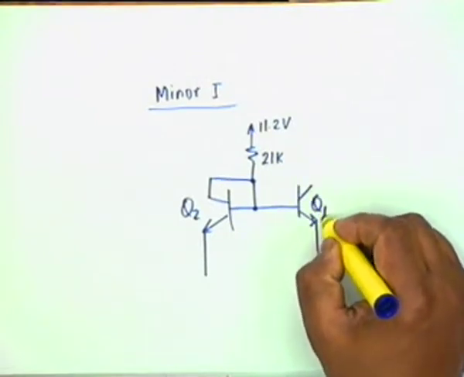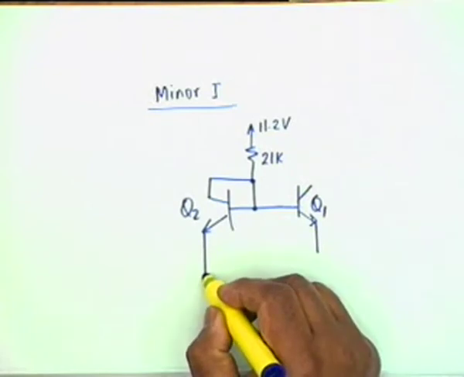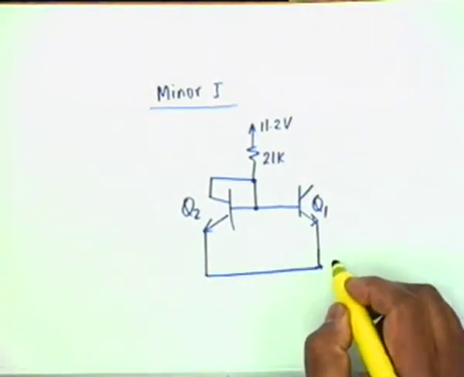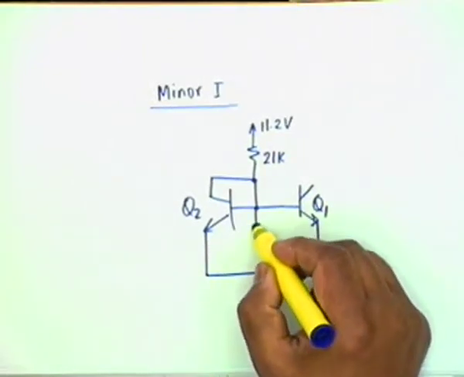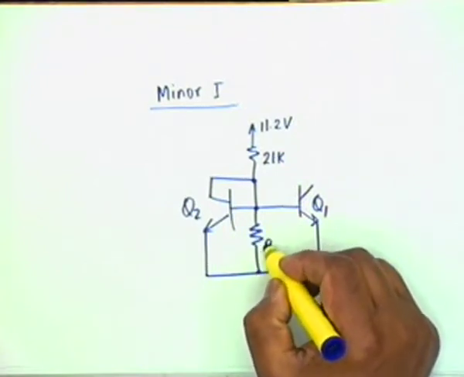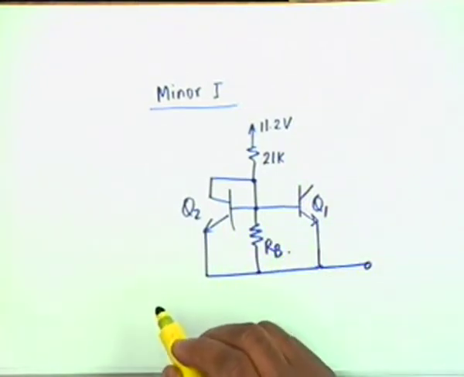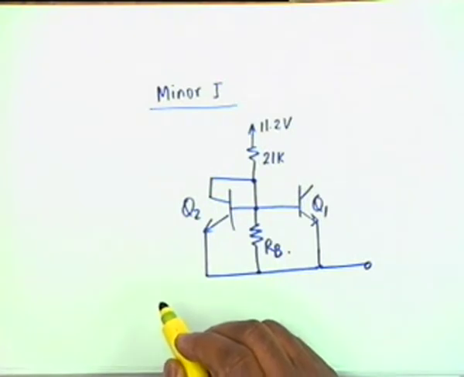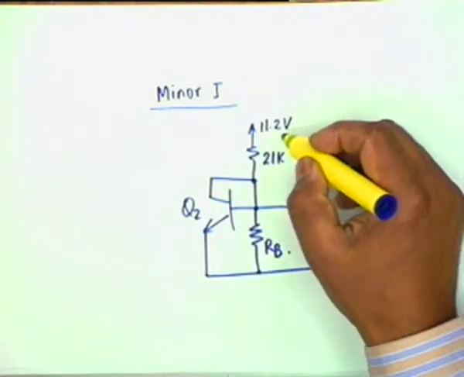Then you have Q1, which is connected here. There is in addition a resistance R sub B. This is the only difference between the ordinary current mirror and the question that I had set.